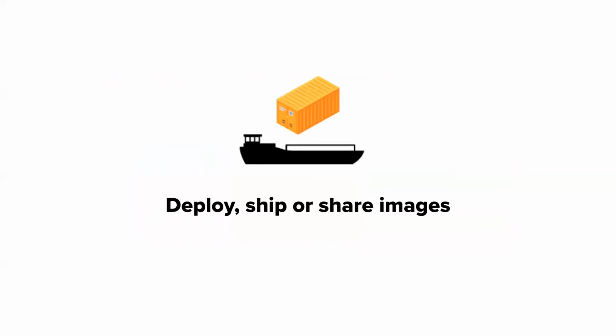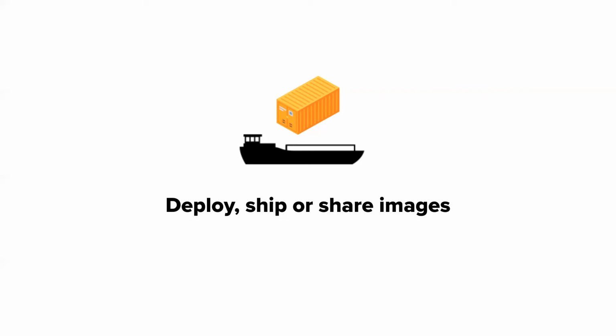So now, once you've packaged it together, you are ready to share it or deploy it to another place. Imagine that you are packaging an application. You can take your image and share it with other people.